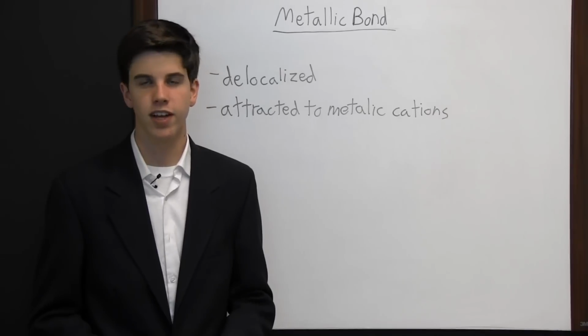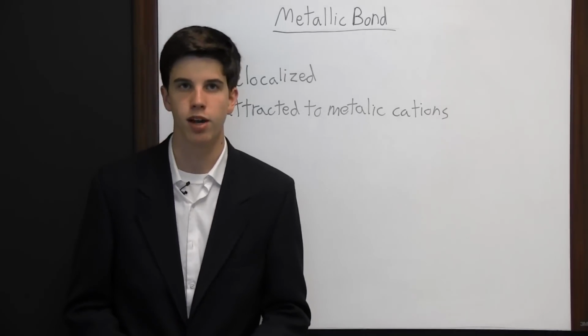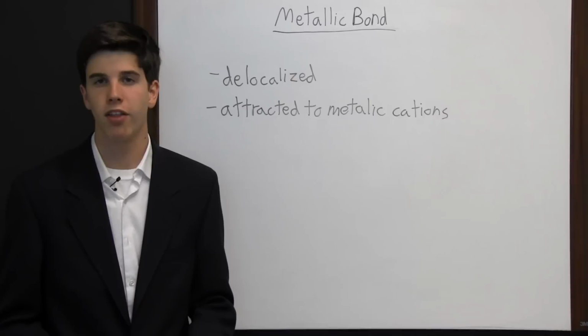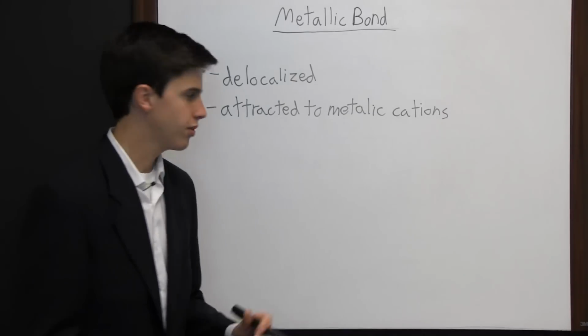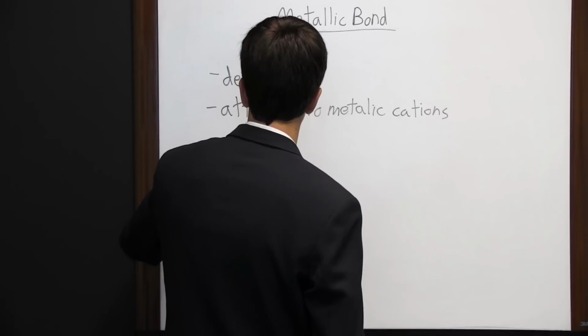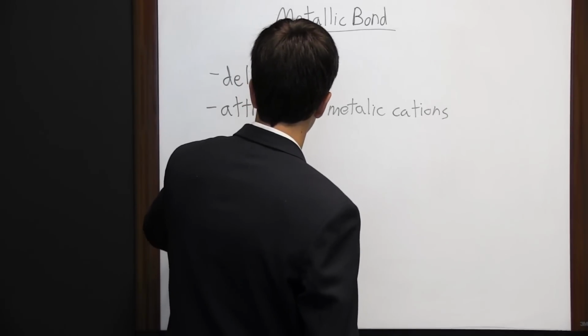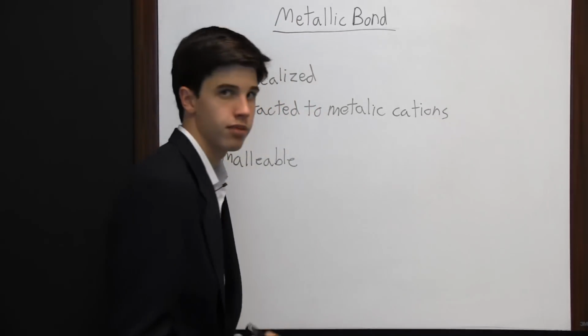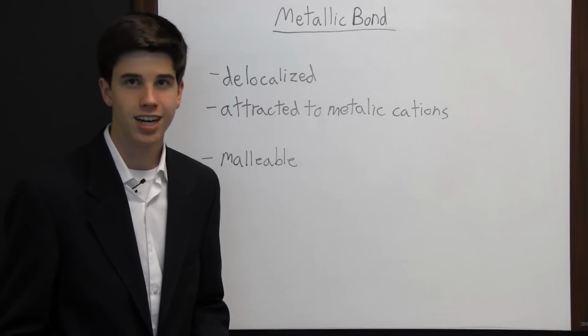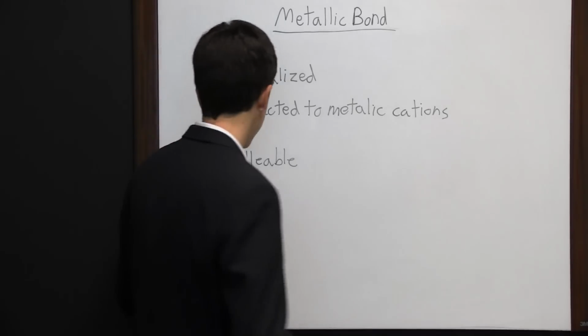Now, because these valence electrons are not held tightly in the metals, they have different properties from other ionic solids. This means they are malleable, which means they're able to bend. They are also ductile. They can be drawn into wire.